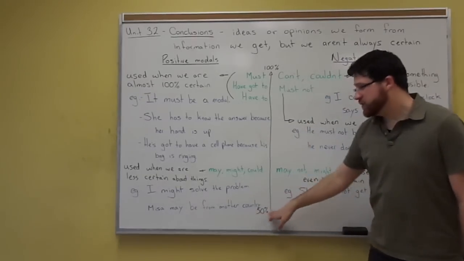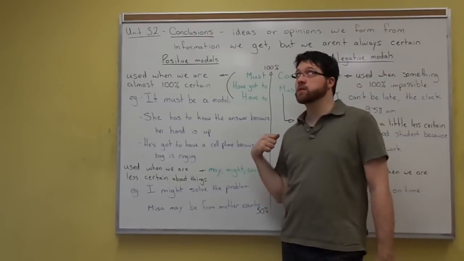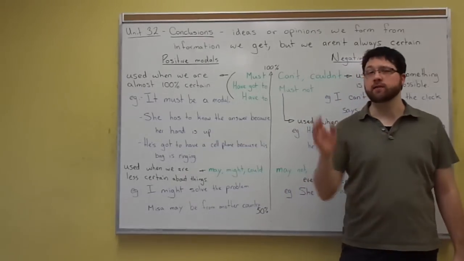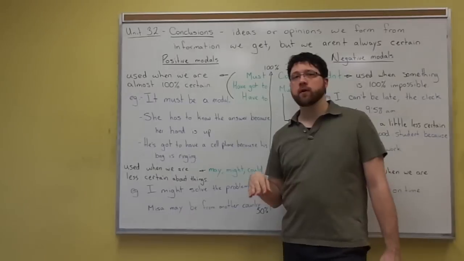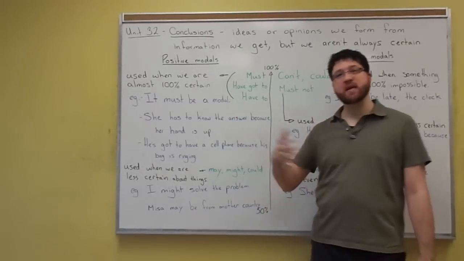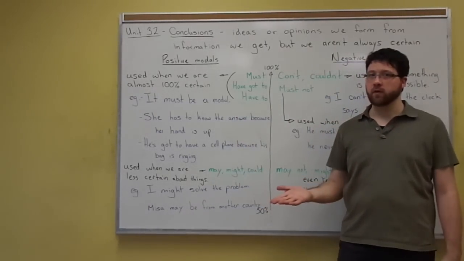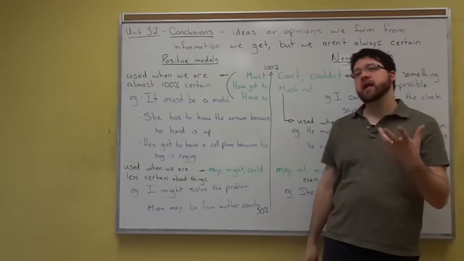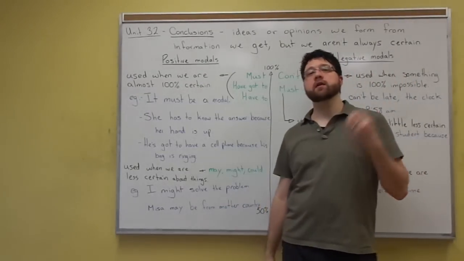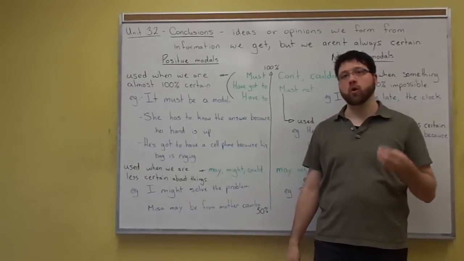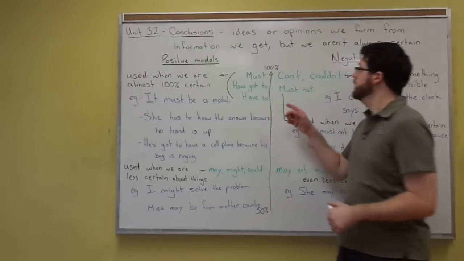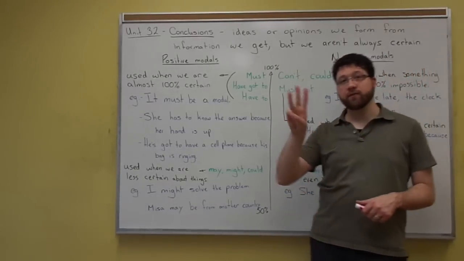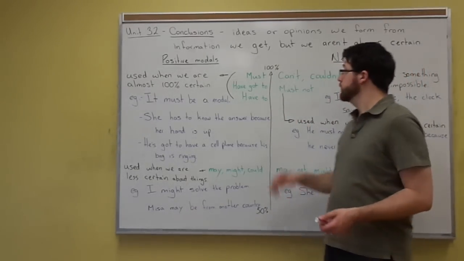Now, it stops here at 50 because if you are less than 50% certain, you're not going to create a conclusion about this. You will probably change your idea and create an opinion you feel much more comfortable with. So, starting at the top, we have three modals that we can use.